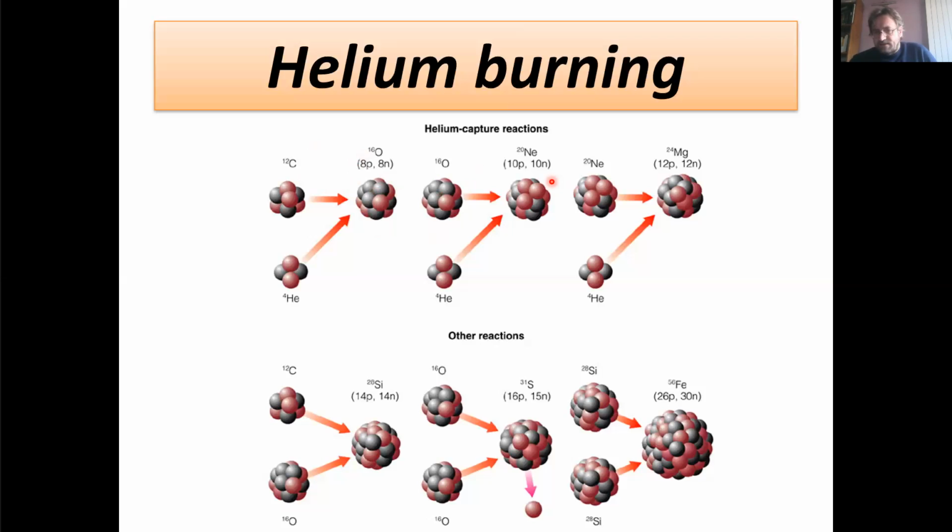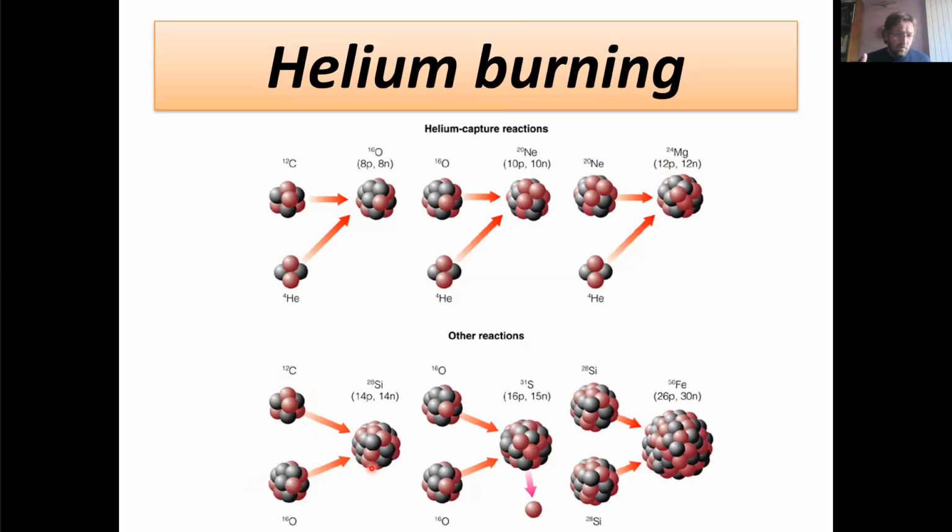And this is a successive step, but here then at some point also competing processes kick in. So for example, 24 magnesium alpha capture, we would be at 28 silicon. Now, people say also you can have carbon burning, that is carbon on oxygen, you create 28 silicon.